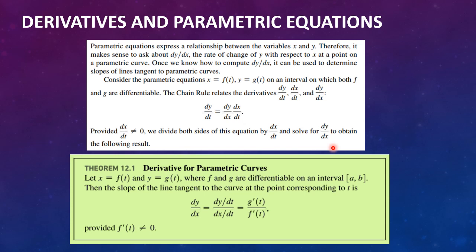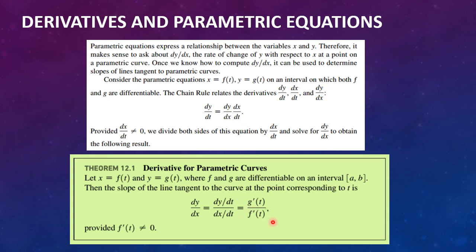Let x equal f of t and y equal g of t, where f and g are differentiable on the interval (a, b). Then the slope of the line tangent to the curve at the point corresponding to t is dy/dx, which, notice, is the derivative of y with respect to t, or g prime of t, divided by the derivative of x with respect to t, dx/dt, which is equal to f prime of t.